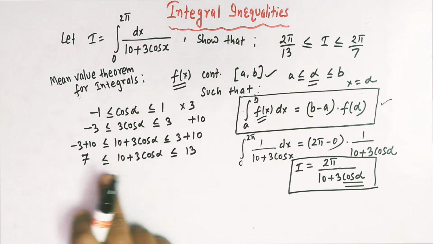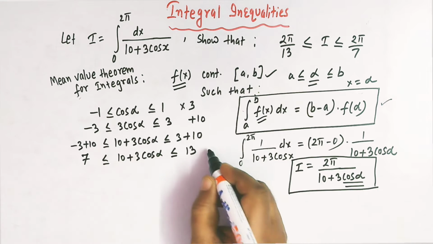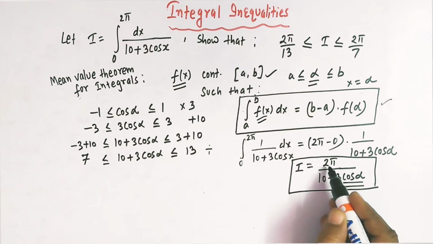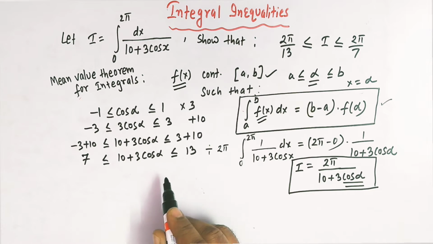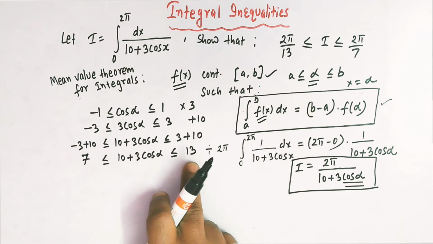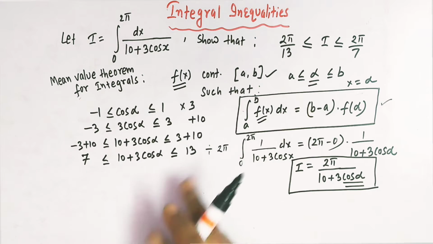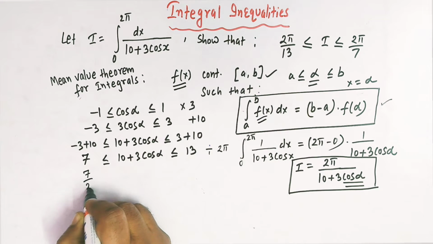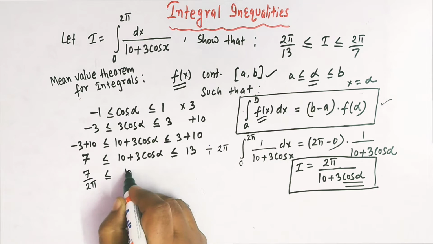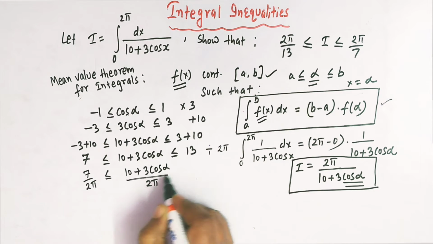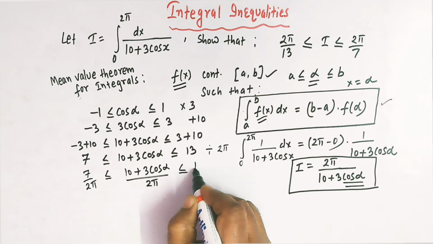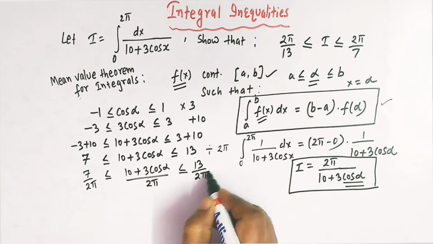Now let us divide throughout this inequality by 2 pi. Because 2 pi is a positive number, there is no harm in dividing throughout by 2 pi. So we have 7 over 2 pi, less than or equal to 10 plus 3 cos alpha divided by 2 pi, which is less than or equal to 13 over 2 pi.